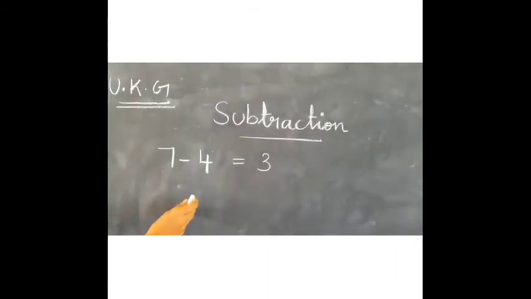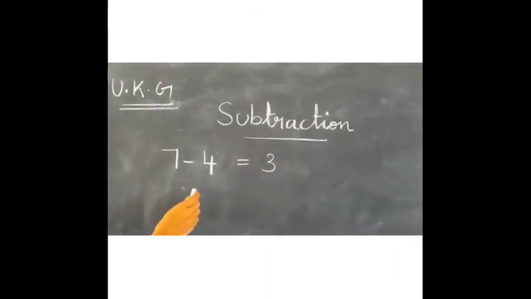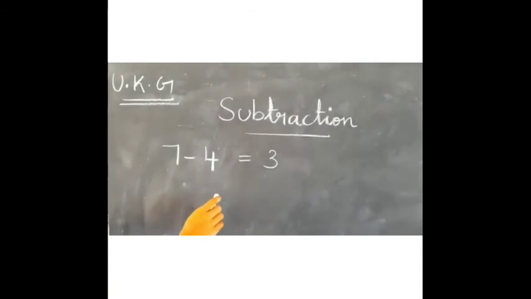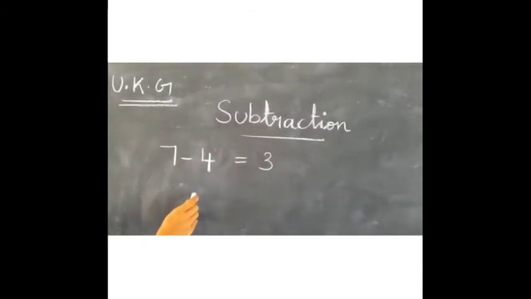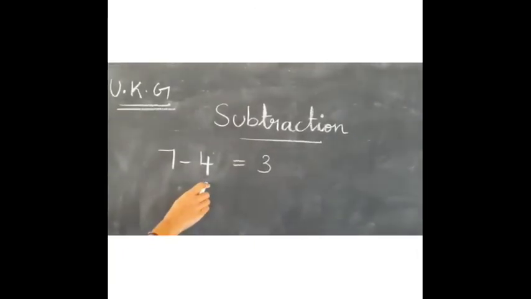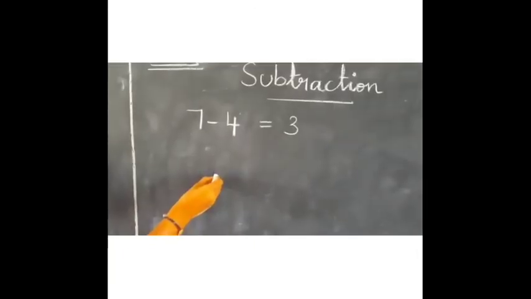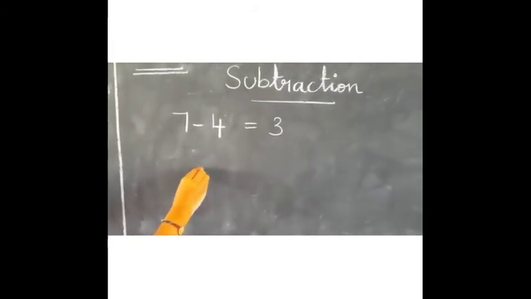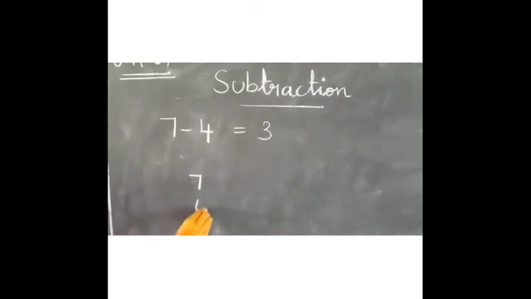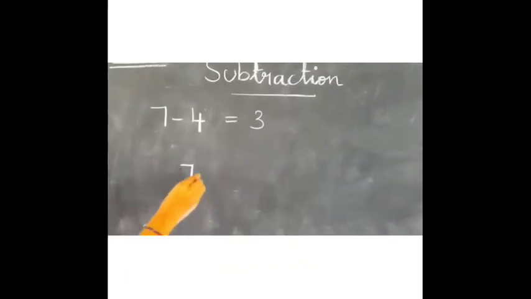Children, we can also subtract numbers by drawing lines. Children, now let us see how to do it by subtracting 7 and 4. Children, let us write the numbers 7 and 4 one below the other like this.